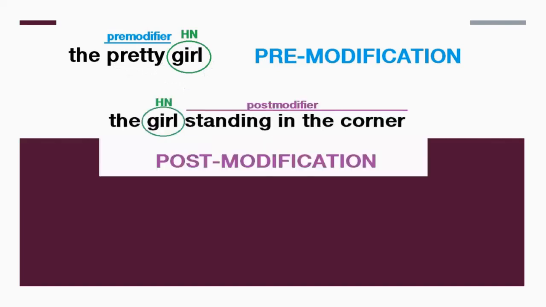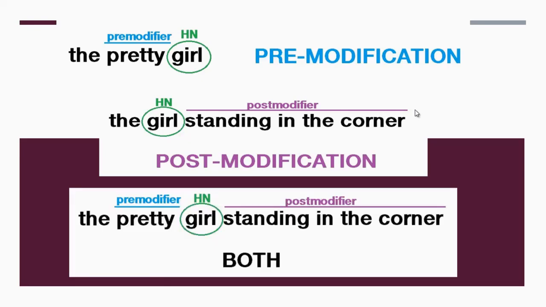In this first example, our head noun is the noun girl, which has been pre-modified by the use of an adjective. In the following example, we can see that the head noun girl has a post-modifier, which is a non-finite ing clause as a post-modifier.